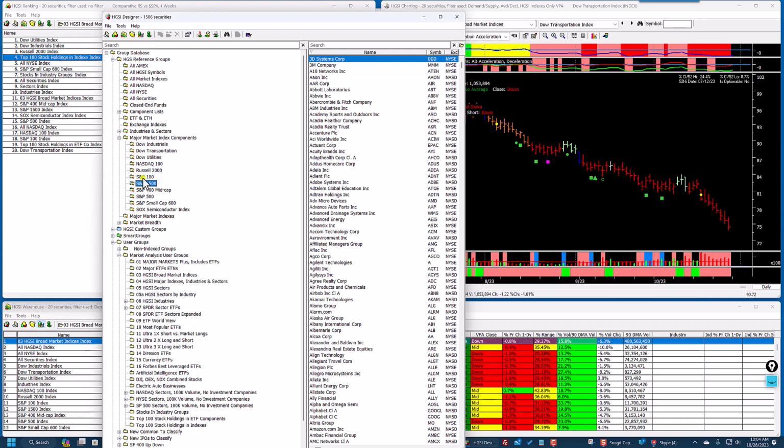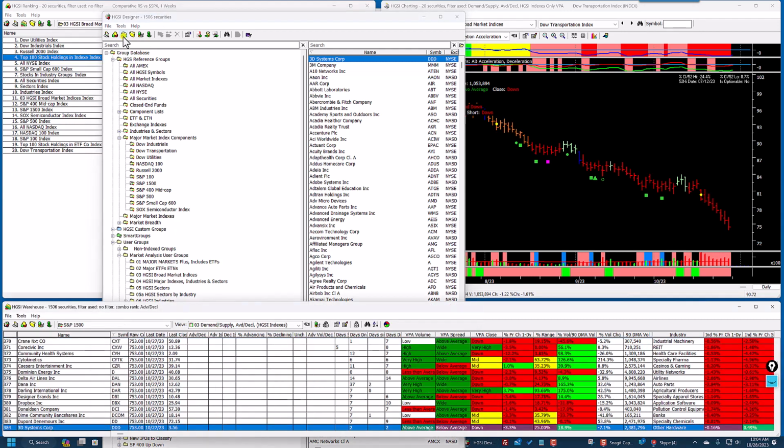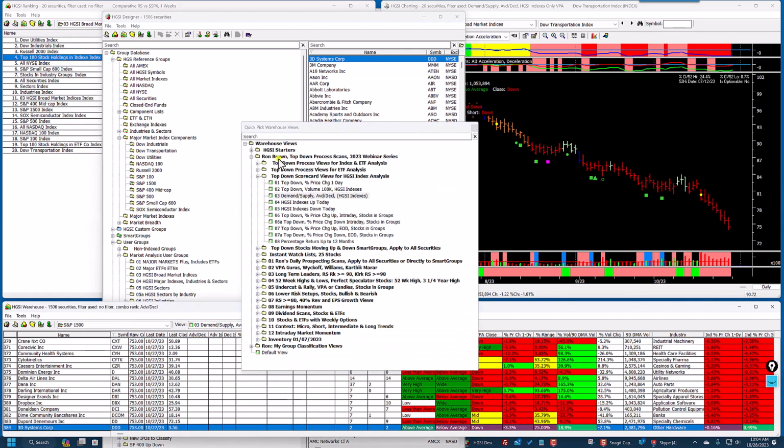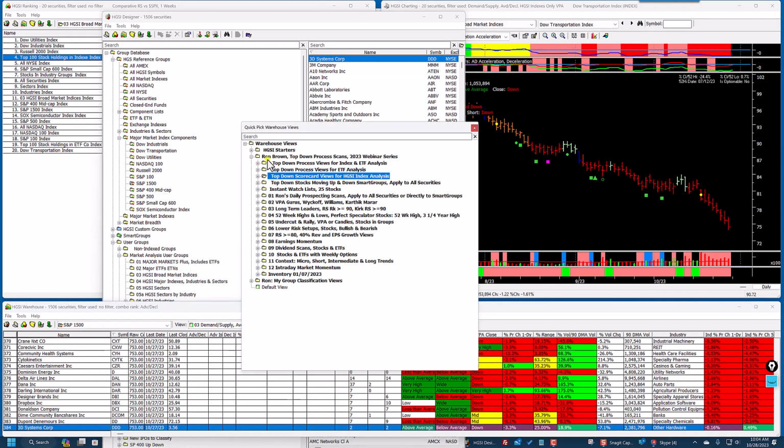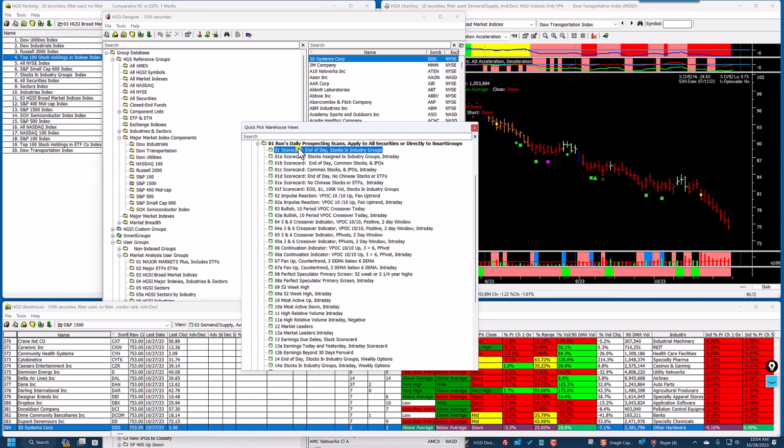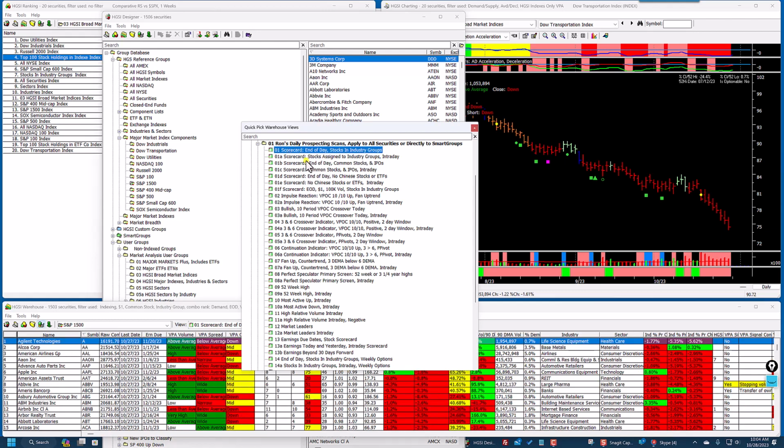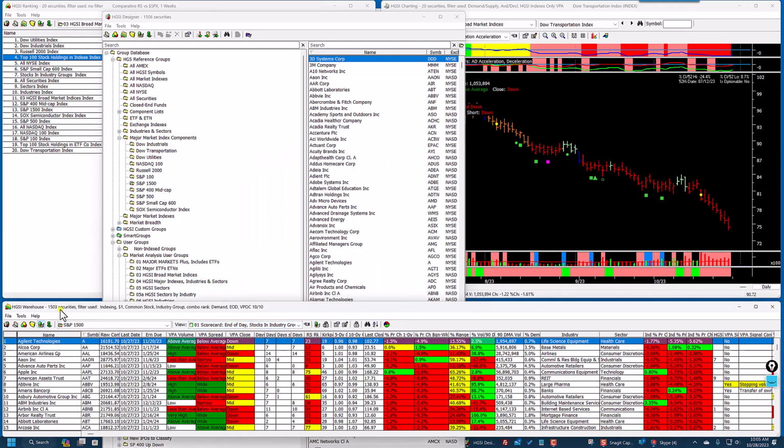And what I do is I transfer this to the warehouse view, and I will use under my name, the number 1 scorecard view, end of day. And you can see it says 1,503 securities in there. To make sure everything's in there, I make sure there's no filter on and it's the same number.